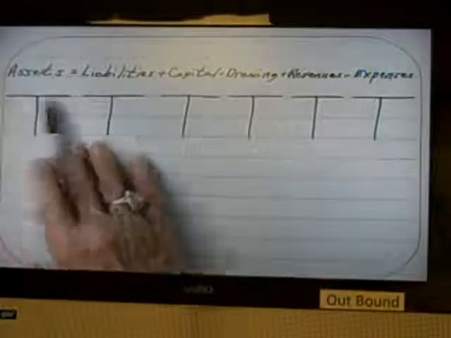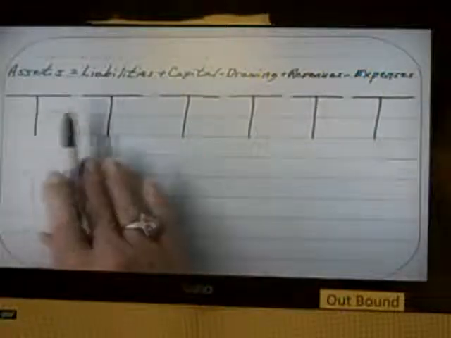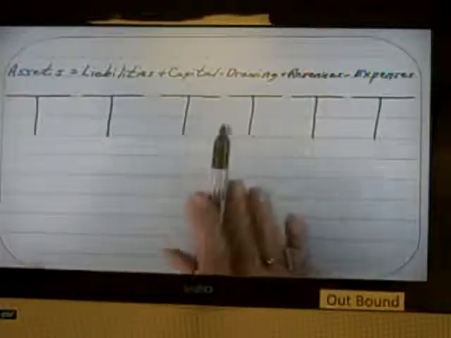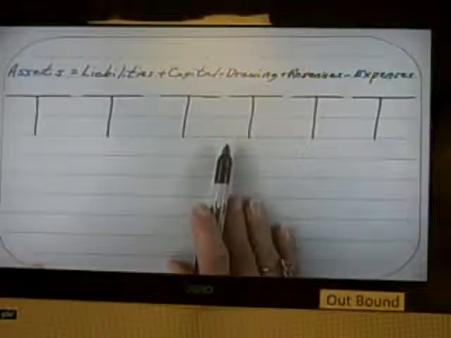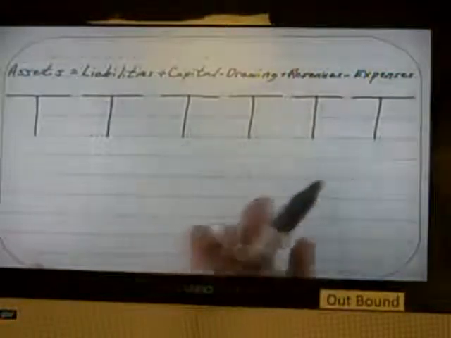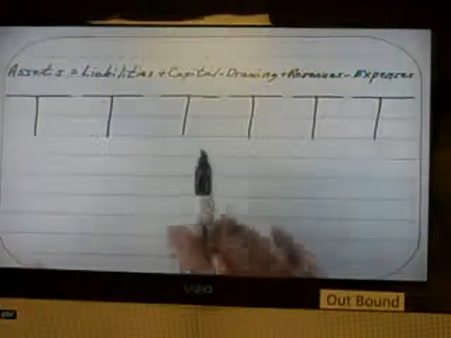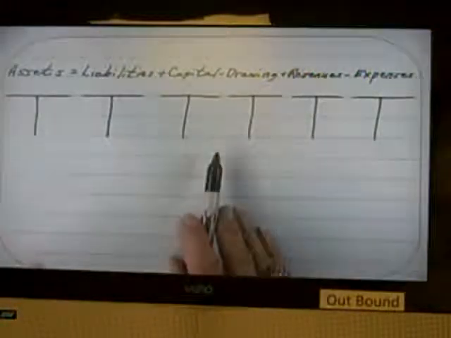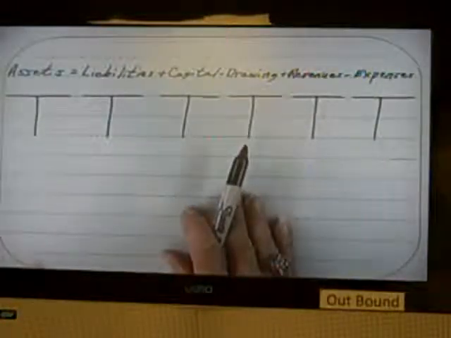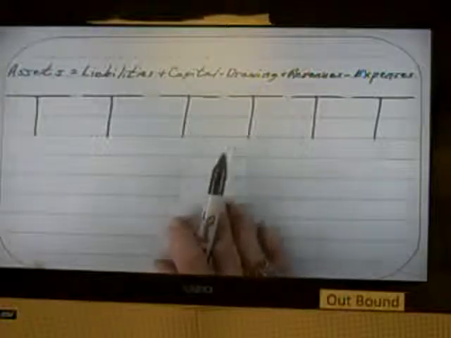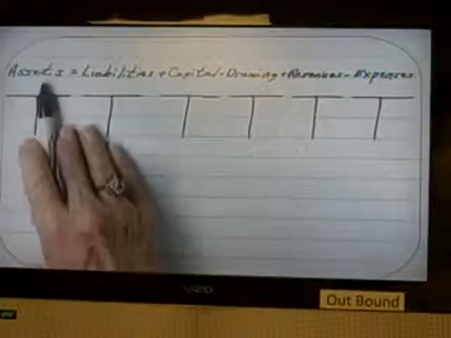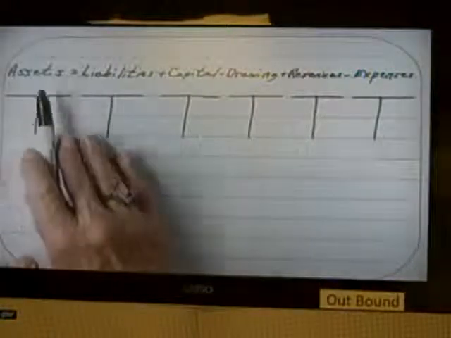Now, you see that under this accounting equation, I have what we call T accounts set up. T accounts are excellent learning tools. They're not a formal accounting form, but they're excellent learning tools. And they're going to help us learn the debit and credit rules. So let's start with assets. Notice I have a T account under the asset category.